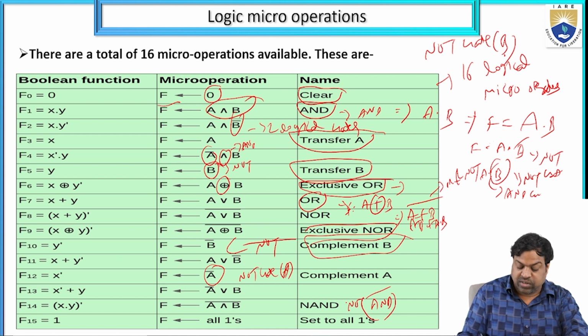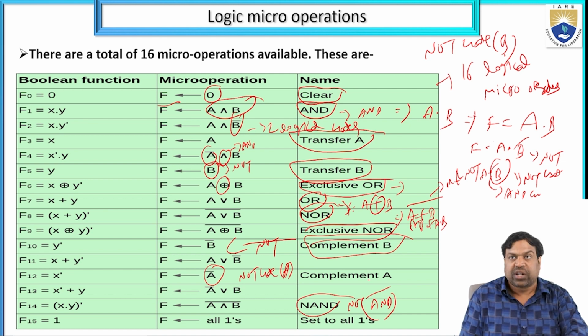When I apply the NOT gate after AND, that is a NAND gate, and with OR, that is a NOR gate. And here all ones complement.